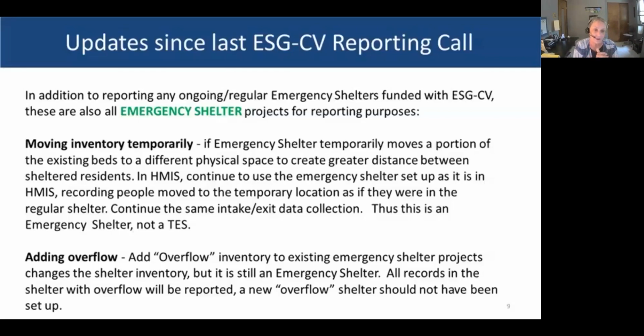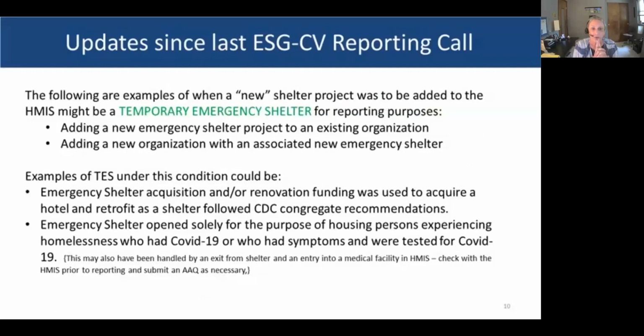Next slide, Tommy Jo. But when you go to a temporary emergency shelter, it really means you're adding something new to an existing organization, like a new emergency shelter for an existing organization that wasn't running a shelter before.